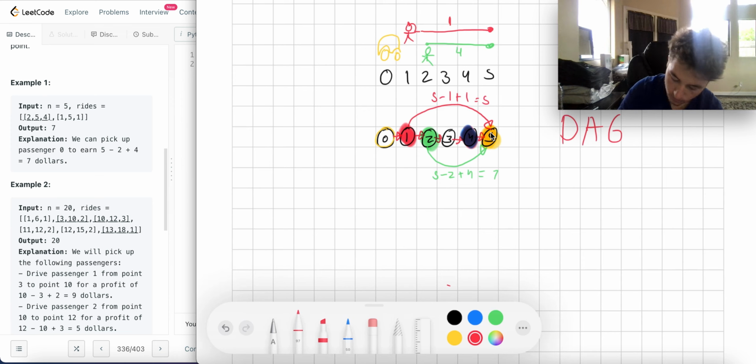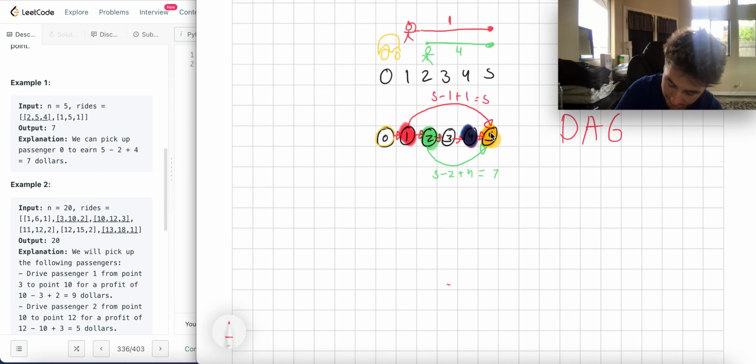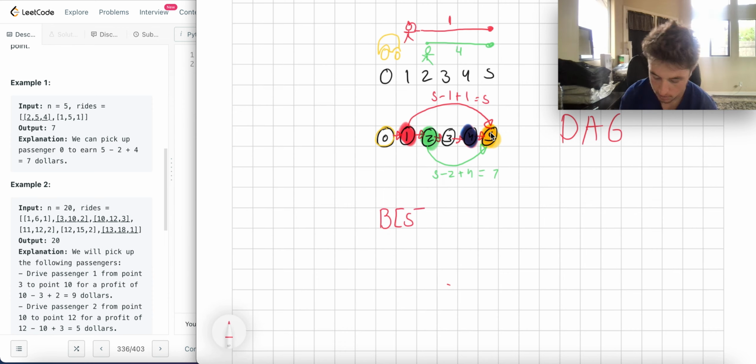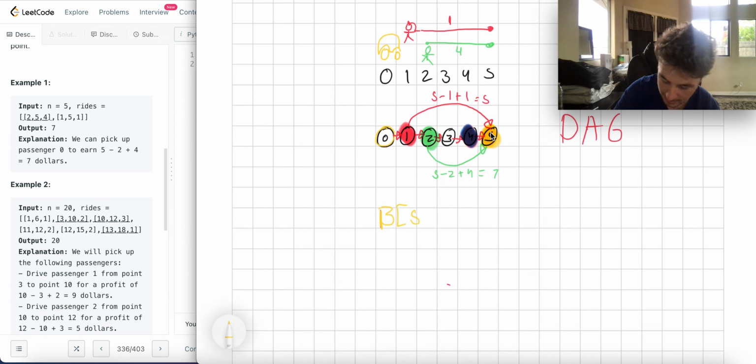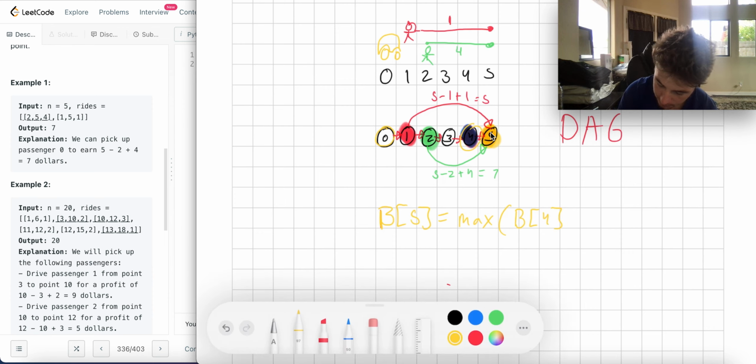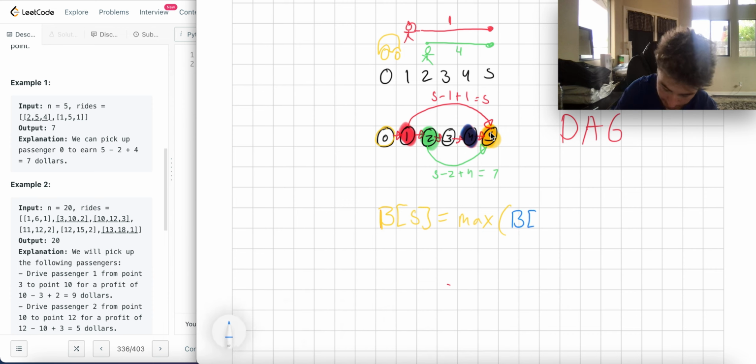Well, to get the most money at 5, let's do yellow. At 5, either I came from 4. So the best thing to do at 5 is to find out what's the best from going from 4, which is this state. Maybe we should do a different color. I came from 4.